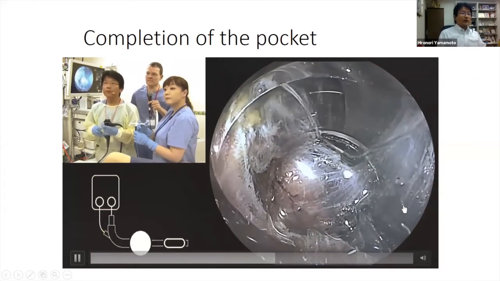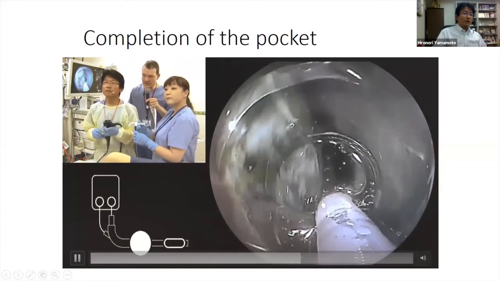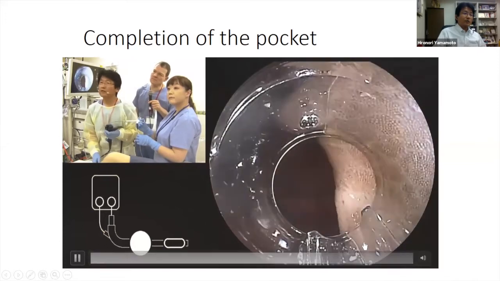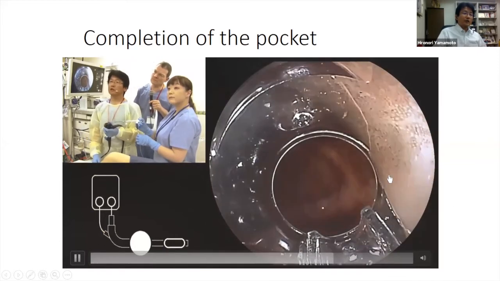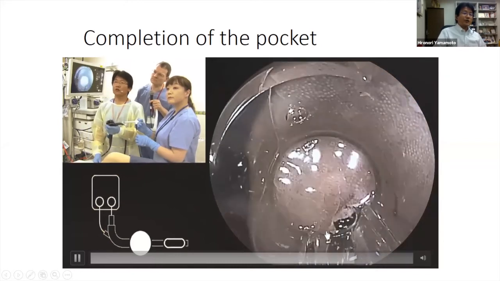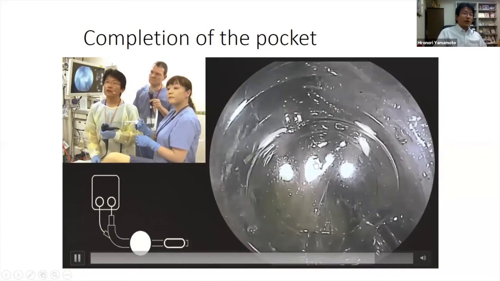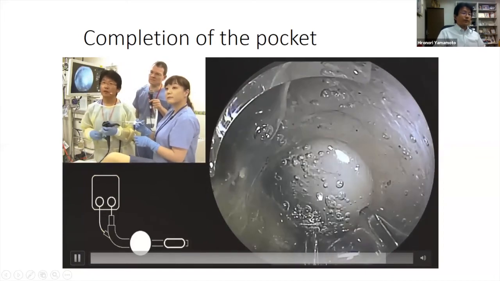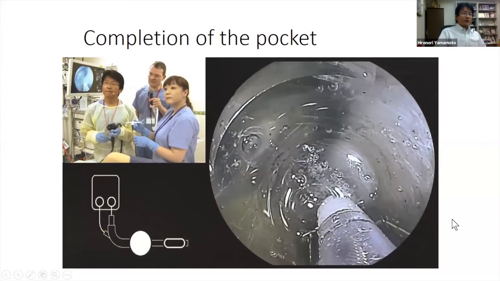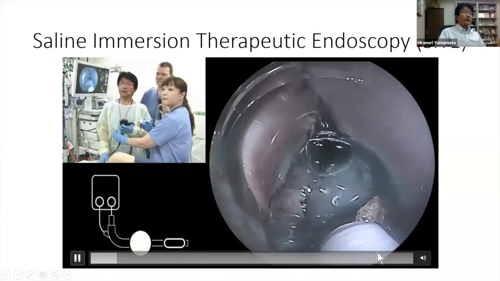Then I can start opening the pocket. So the width was a little bit not enough, so I dissected a little bit more. And this is the right side. This is the edge of the border of the lesion. And the width is okay. So now the pocket is completed.